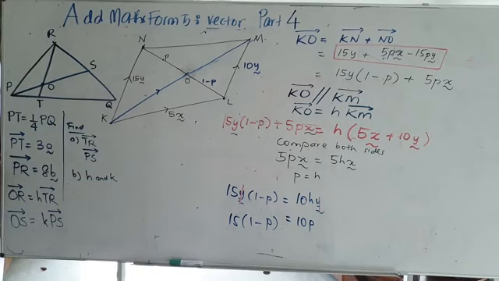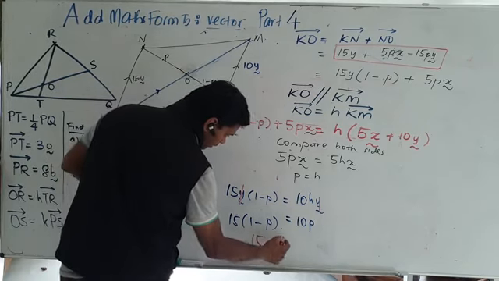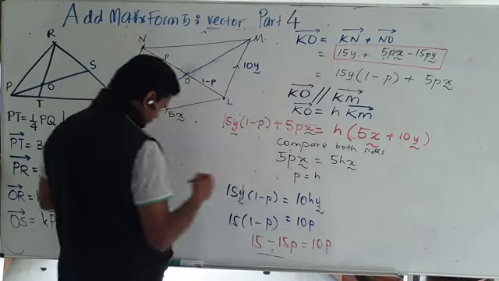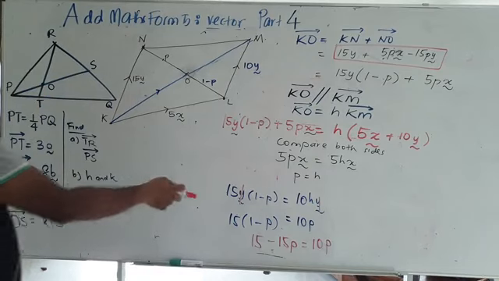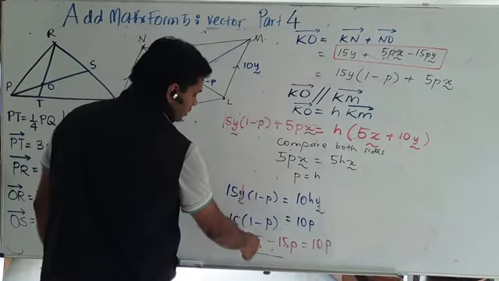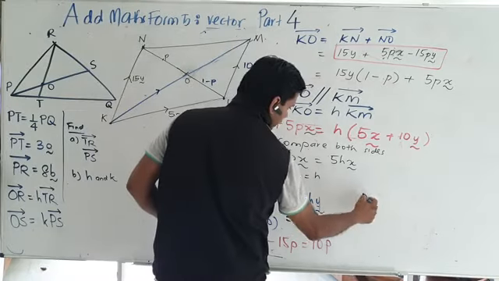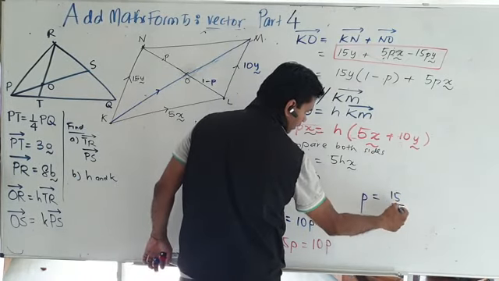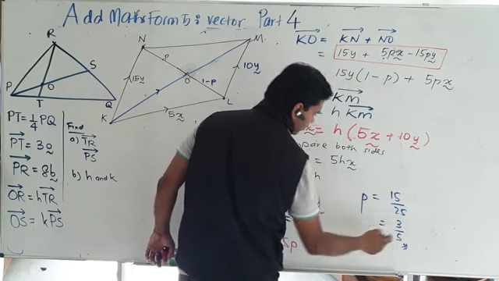Simplify it. What do you get? 15 minus 15P equals 10P. From here you will be able to find the value of P. P should be 15 over 25, which is 3 over 5. So this is the value of P.